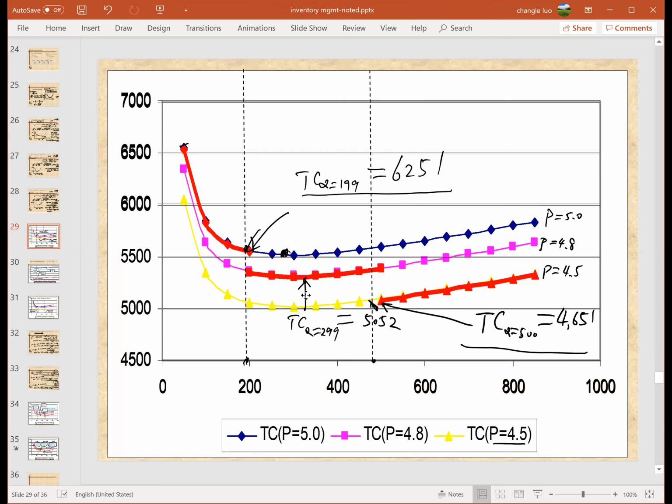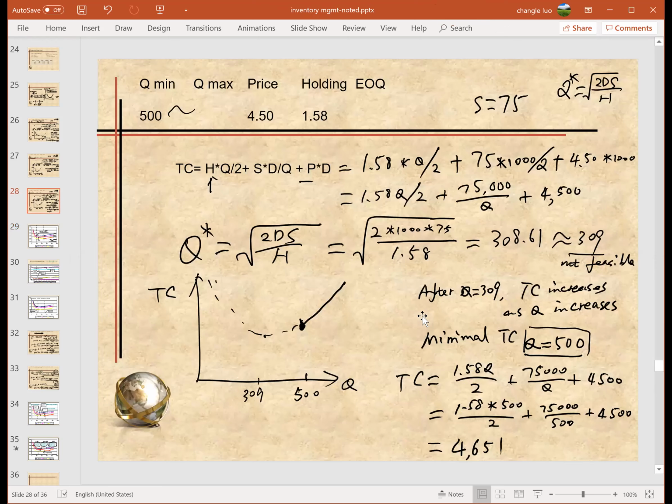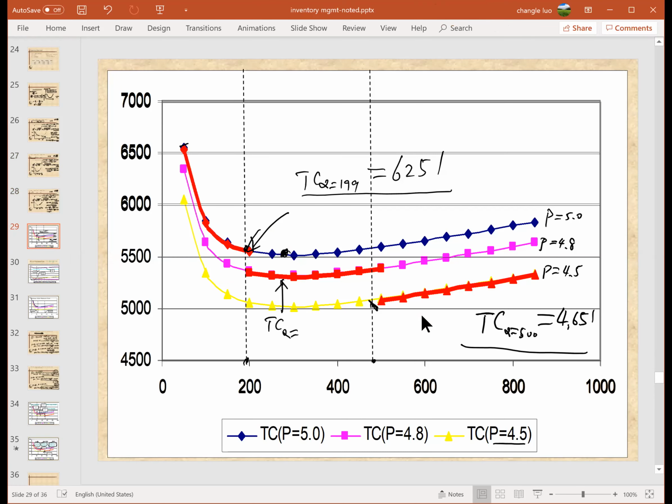Okay, I'm gonna move this a little bit to here. 5052. Let me clean up, so it's not all crowded in a small space.